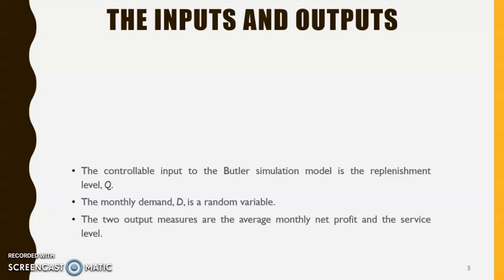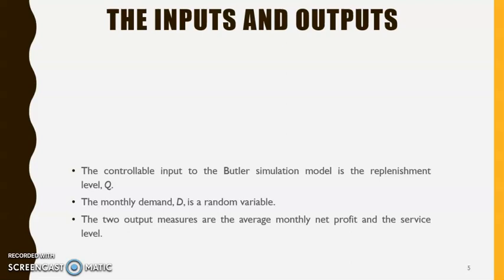The uncontrollable parameters were something, for example, in the case of standard and deluxe golf bags, the amount of time needed to manufacture a standard bag in each of those four departments was uncontrollable, or the fact that we had four processing departments was uncontrollable.